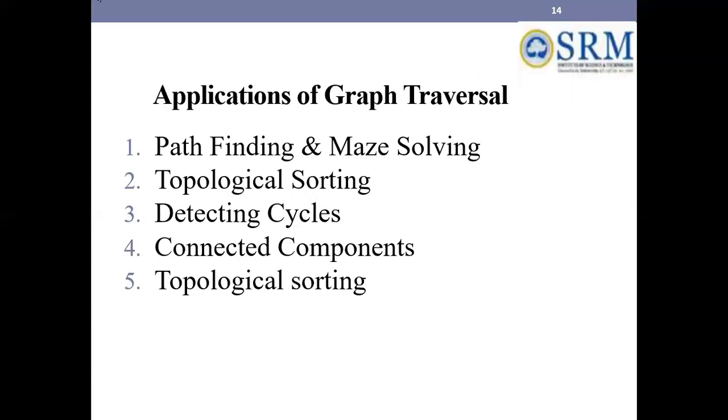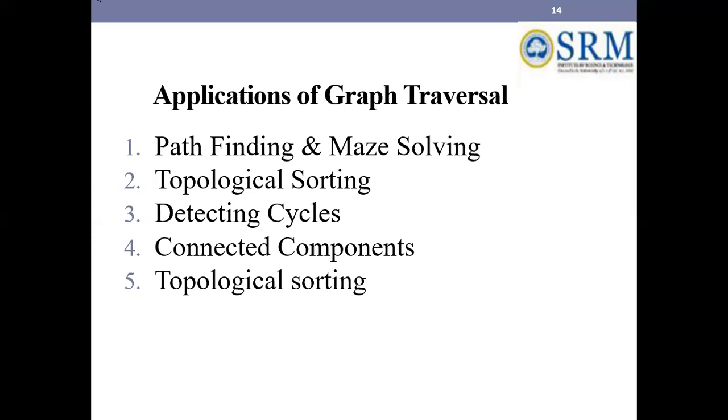And what are the applications of graph traversal? It is used to find the path between two pairs of objects, and maze solving to check all the possibilities for solving or for finding the path. Topological sorting: DFS is used in topological sorting.